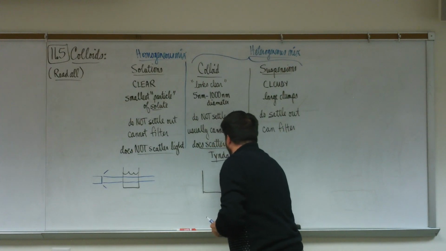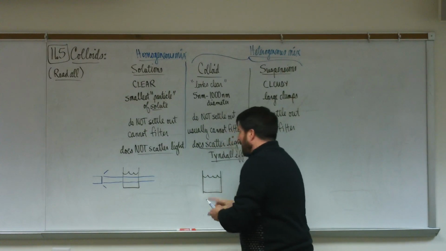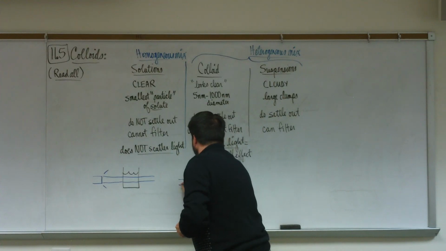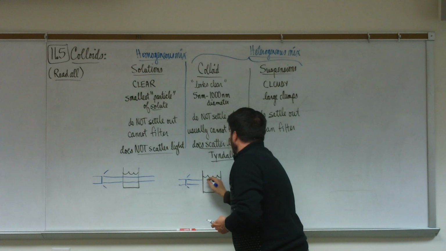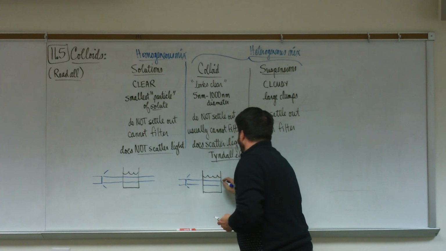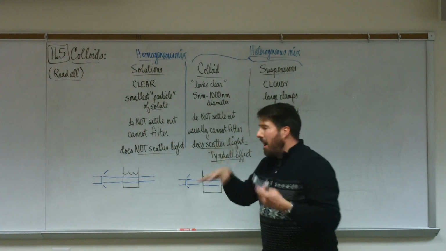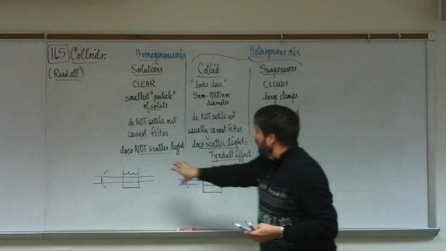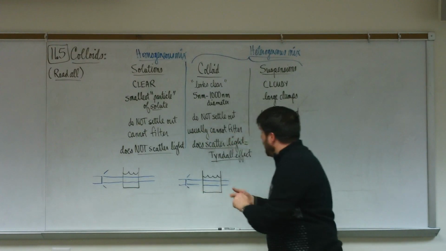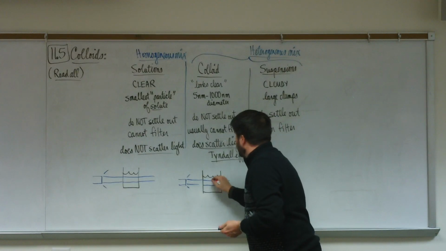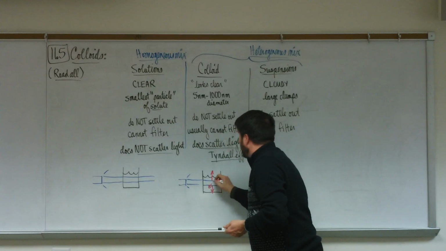If I have a colloid here, and I shine a beam of light at it, here's again my flashlight. It's a great drawing. As the beam of light travels through, if I have my eye out here, what will happen is that the beam of light will be scattered perpendicularly, up and down and out and behind.